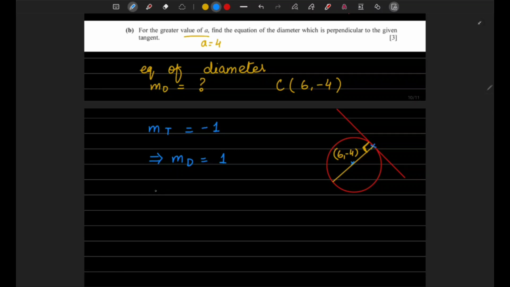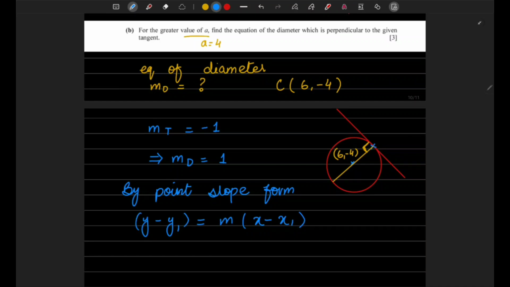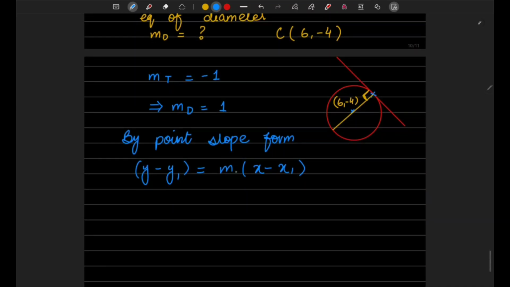Now the equation of the diameter would be by the point-slope form of the equation of a line: y minus y1 equals m times (x minus x1), where x1, y1 are the coordinates of the point that lies on the line, and m is the slope of the line, that is the diameter in this case.